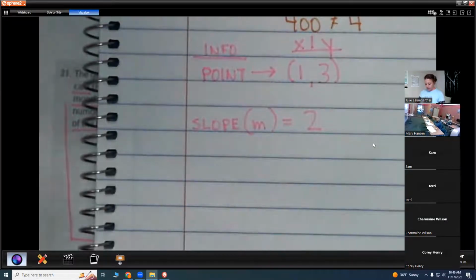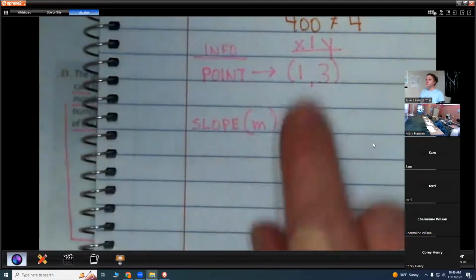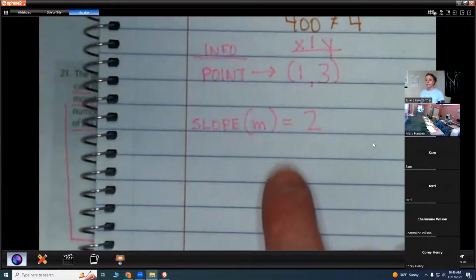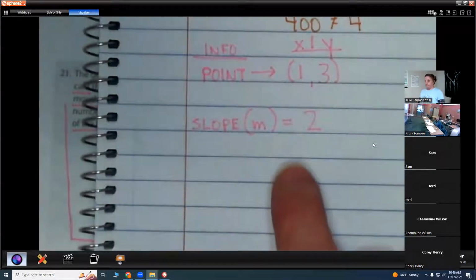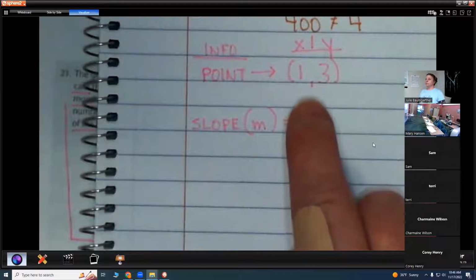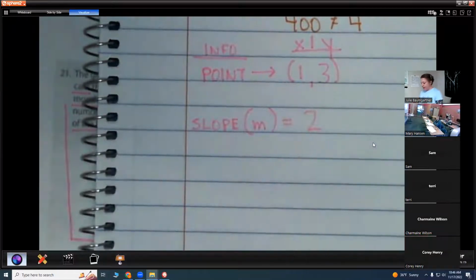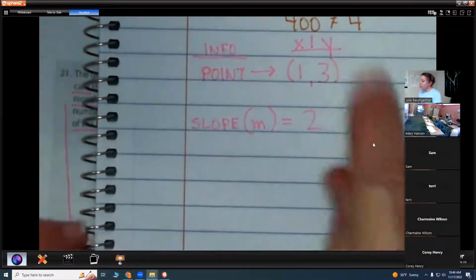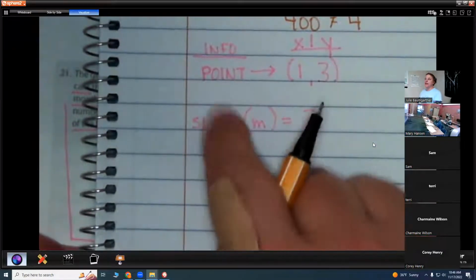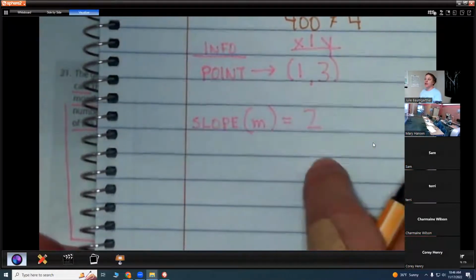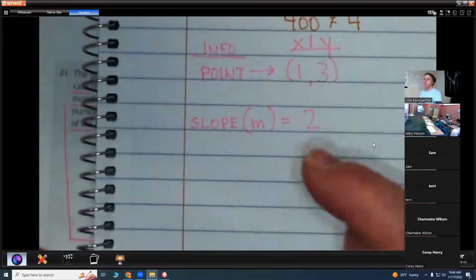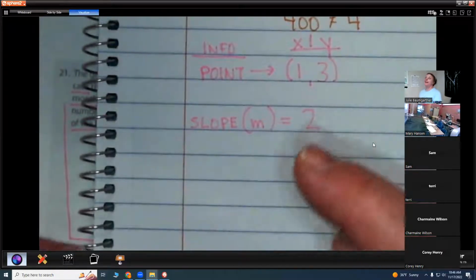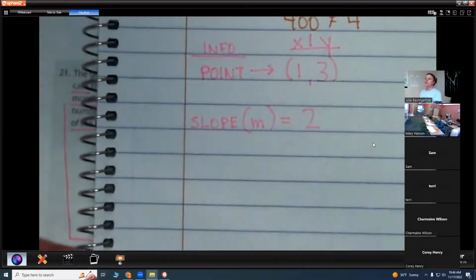Sure. I don't know if that'll help or not. Yes, kind of, yeah. So this is the information we need in order to put our line into point slope form, okay?